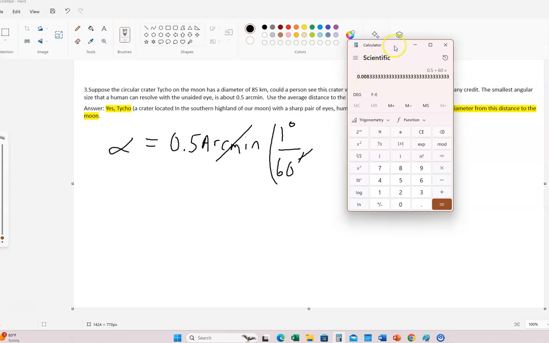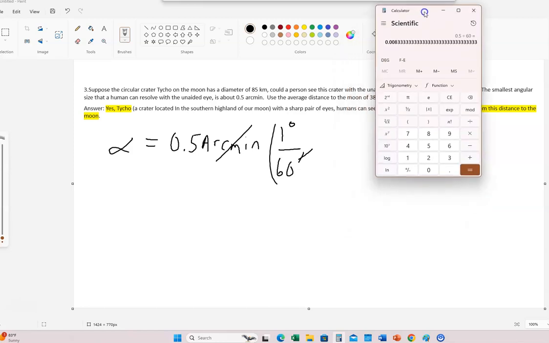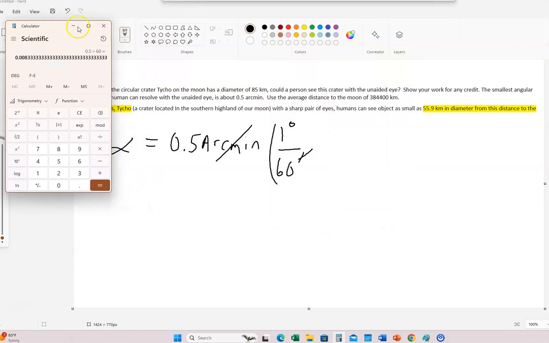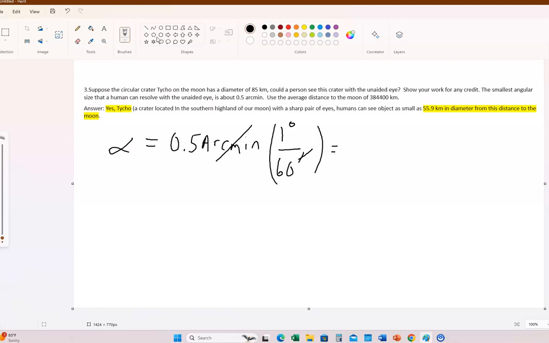That's really the number we're looking for. 0.0083, we'll round it right about there. And it's in degrees. So we've converted to degrees.